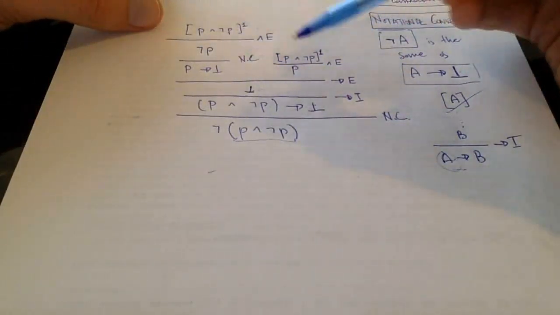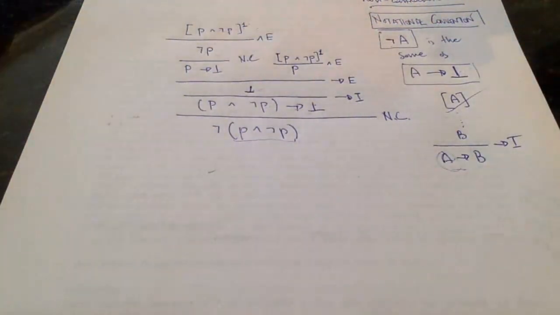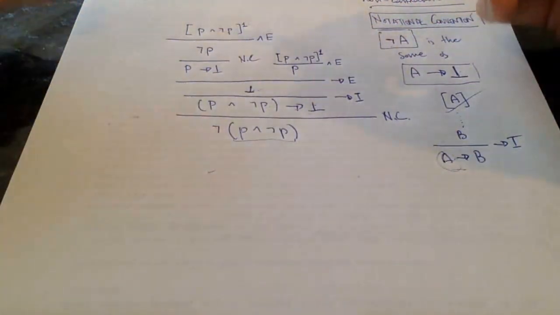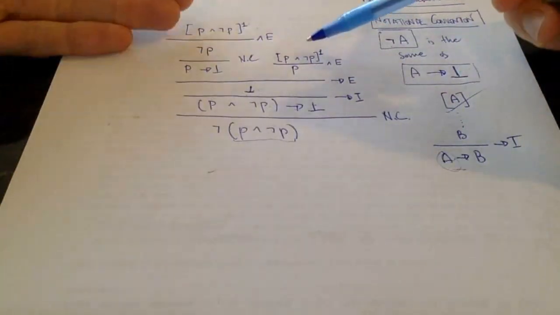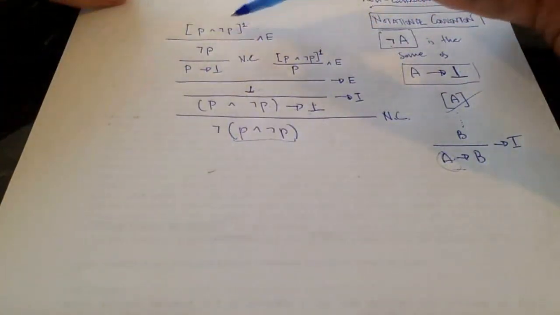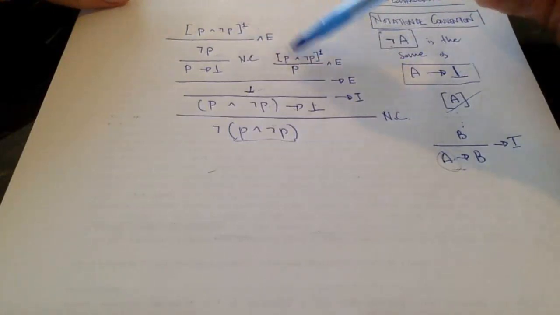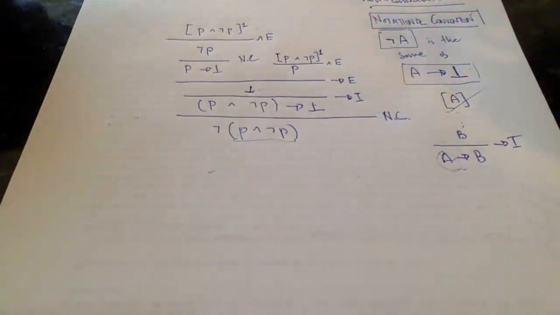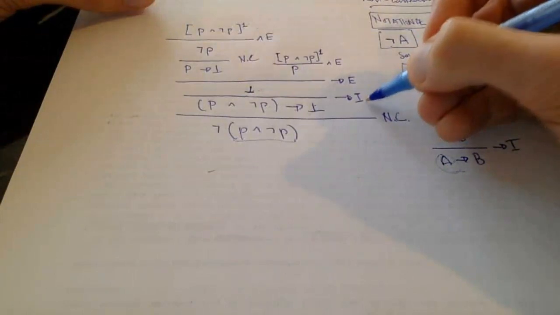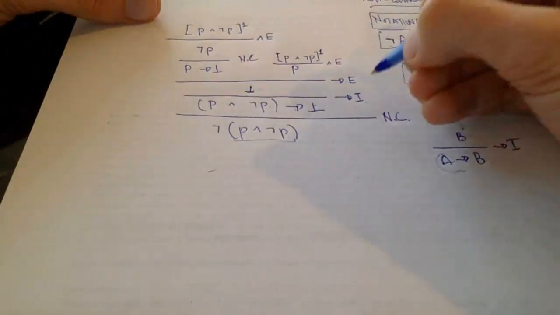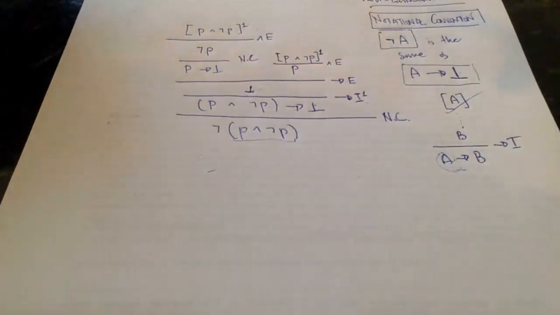Can I cancel this assumption? So I can assume everything I want, of course, but I always have to make sure that I cancel my assumption. So I need to check that I should be able to cancel this assumption here, which I've repeated twice. And I can indeed cancel it. I can cancel it when I apply the rule of implication introduction. Because look what I did.